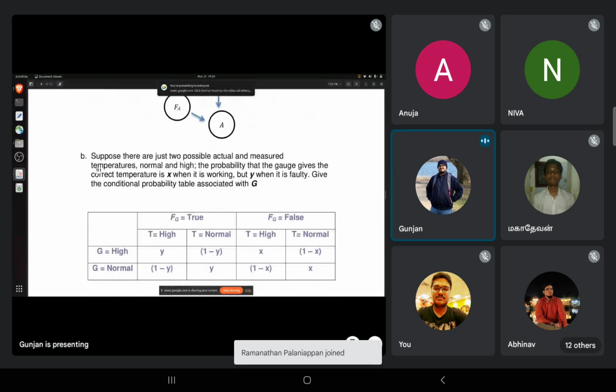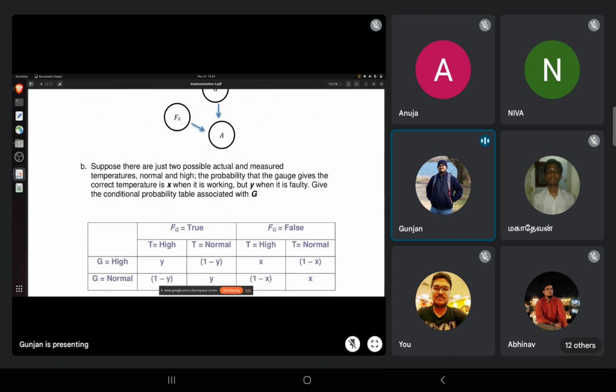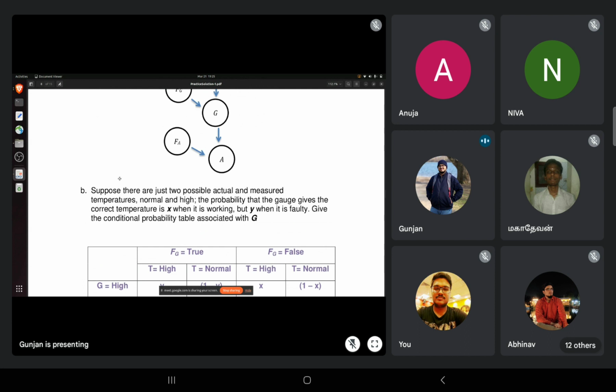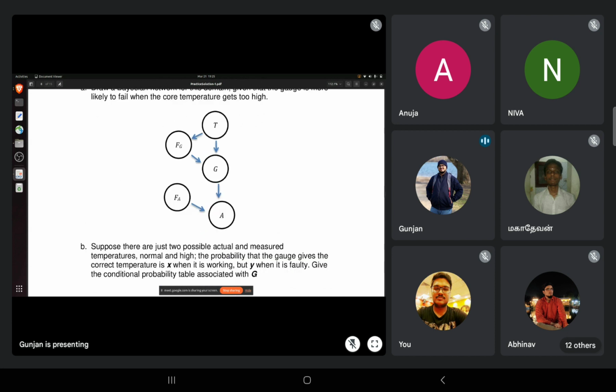So the next question: suppose that there are just two possible actual and measured temperatures, normal and high. The probability that the gauge gives the correct temperature is X when it is working, but Y when it is faulty. So give the conditional probability table associated with G. We know that G is dependent on Fg and T. T has two values, normal and high.